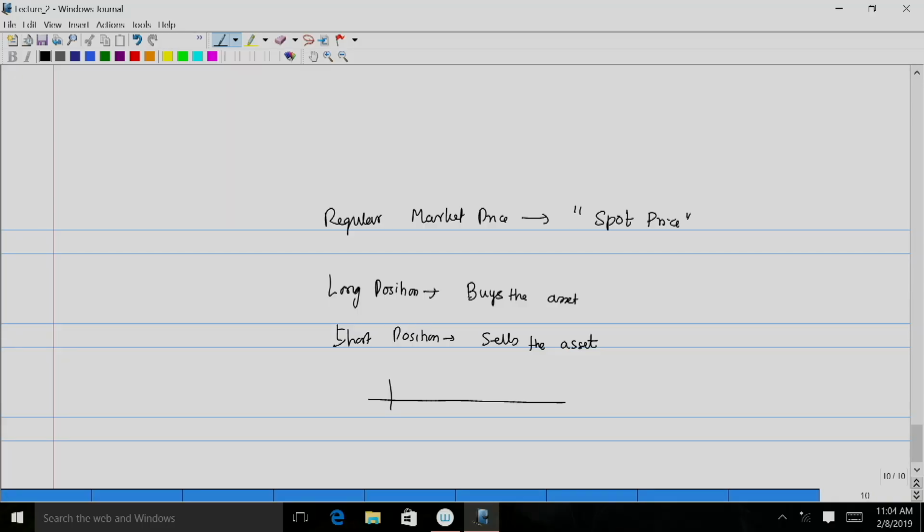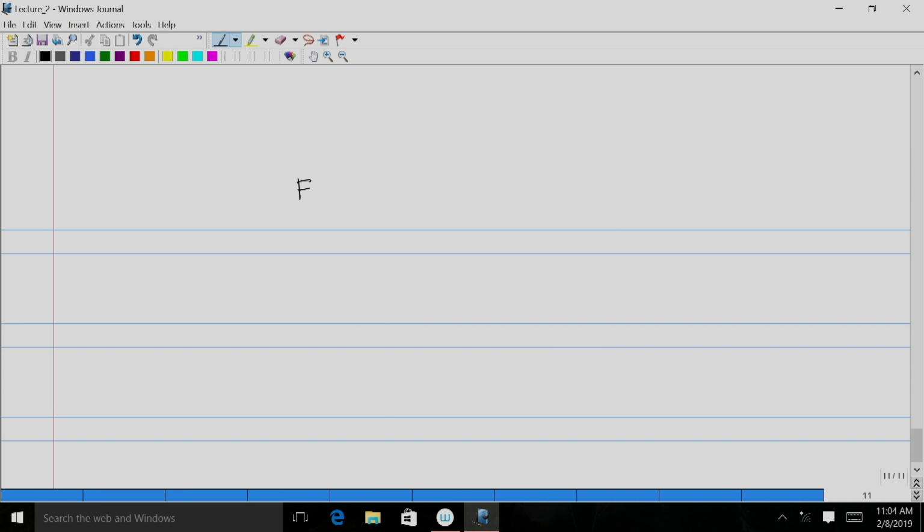Alright, so now let us talk a little bit in terms of variables. For that, we will introduce the notation. Suppose that the current time is small t and capital T is the maturity. Then F_t is the forward price and S_t is the spot price.